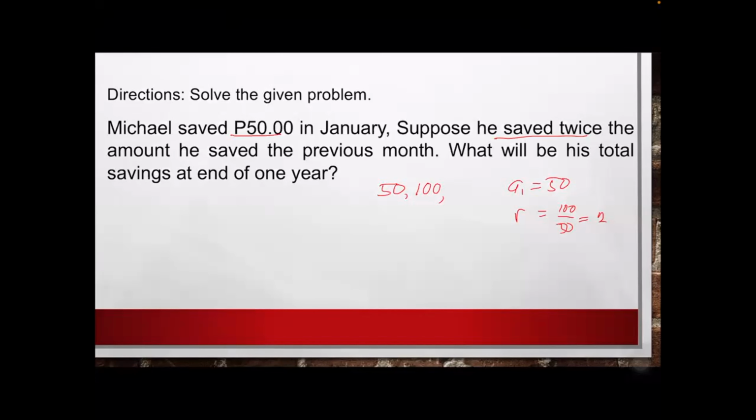Yung N natin, yun yung 12. Kasi end of 1 year, that is 12. Ayun yung sinasabi ni kanilang. So, the N is equal to 12. So, ang hinahanap natin dito is S sub 12. Ayan. Let's plug in. So, magkakaroon tayo dito ng 50 times 1 minus 2 raised to 12, over 1 minus 2. Ayan, paki-compute na. 5 minutes na lang to ha.